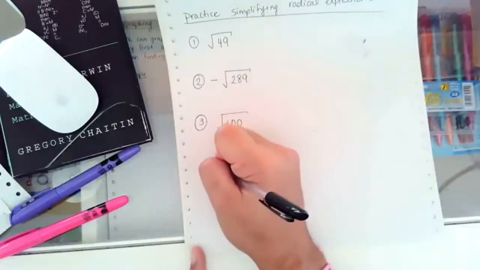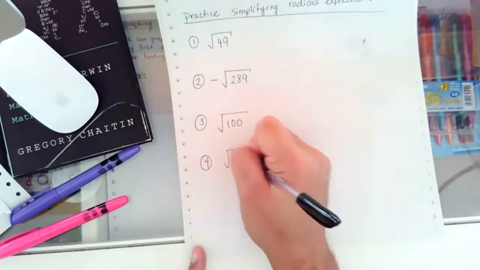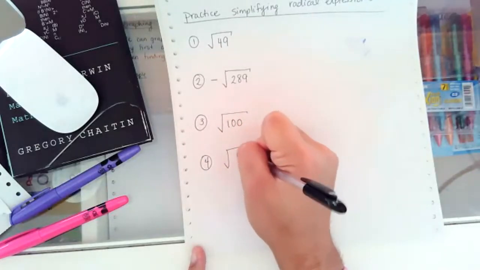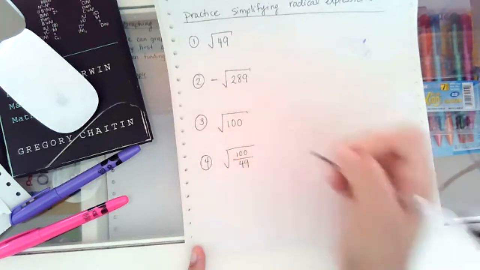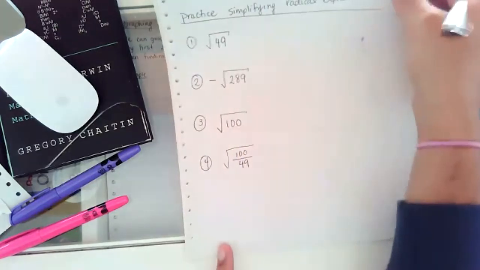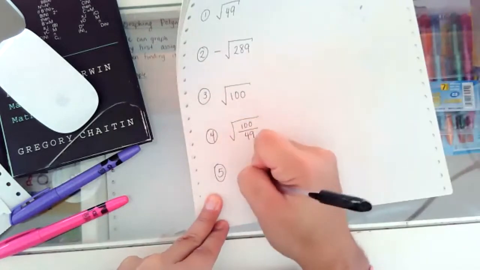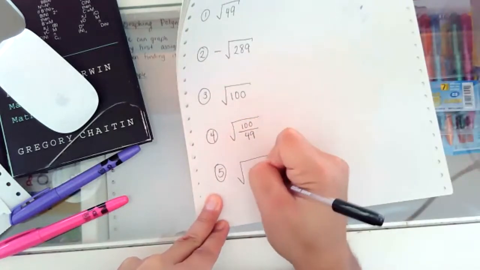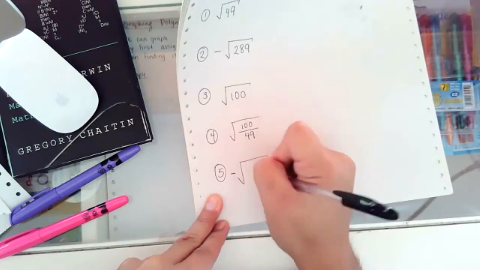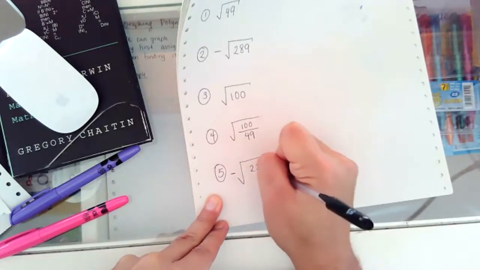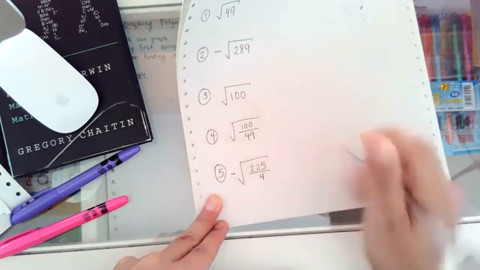And then I'm going to challenge you guys with the square root of 100 over 49. And then also the square root of the negative square root of 225 over 4.